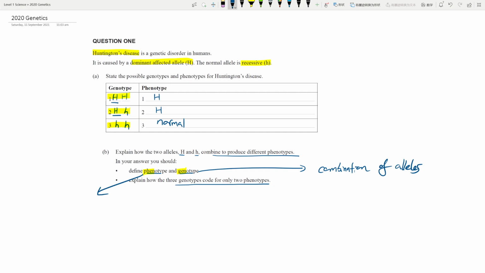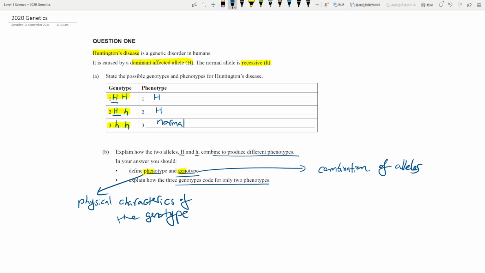The phenotype is the physical representation of the genotype. So the genotype determines what the phenotype is.